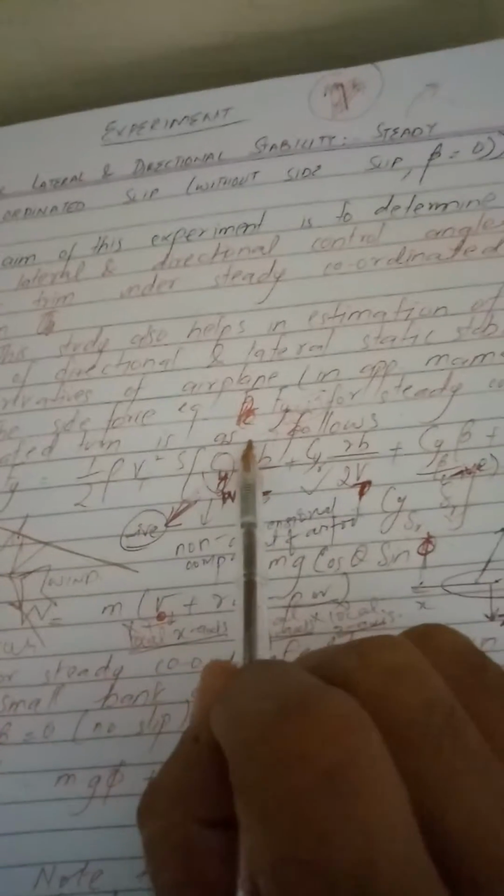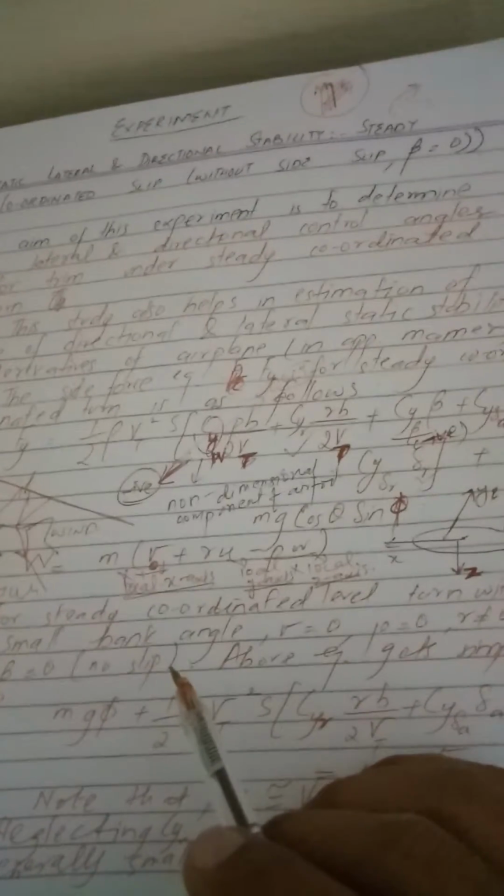The side force equation, which is Fy, for a steady coordinated turn is as follows. There is a centrifugal force and a centrifugal acceleration. If it's not set out so tidily, please mention it in the comment section so that I can provide you a better representation.